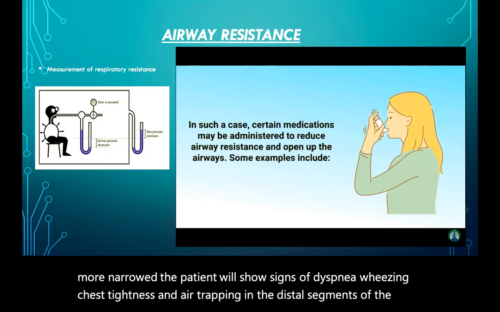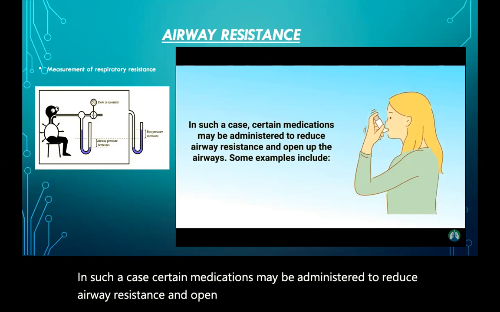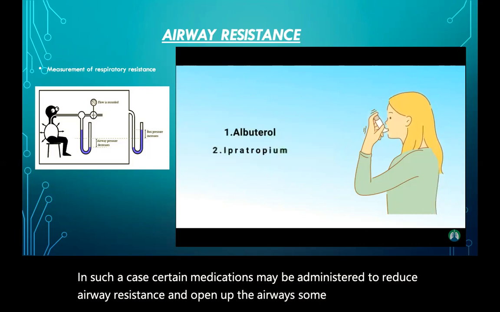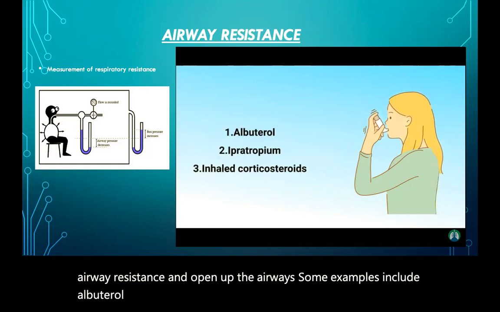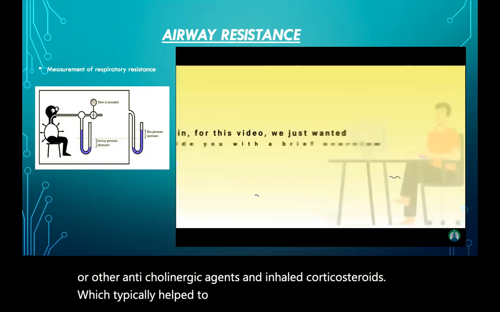In such a case, certain medications may be administered to reduce airway resistance and open up the airways. Some examples include albuterol or other short-acting beta-2 agonists, ipratropium or other anticholinergic agents, and inhaled corticosteroids, which typically help to prevent episodes from occurring.